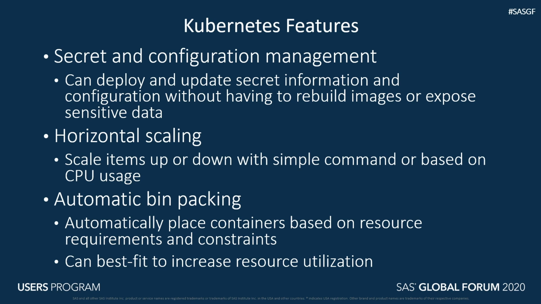It also supports horizontal scaling, automatically scaling up or down to maintain a certain level of CPU usage. So if we have more CPU usage, we might add more containers, or lower them, depending on what we need to do to get back to the desired level of CPU usage.